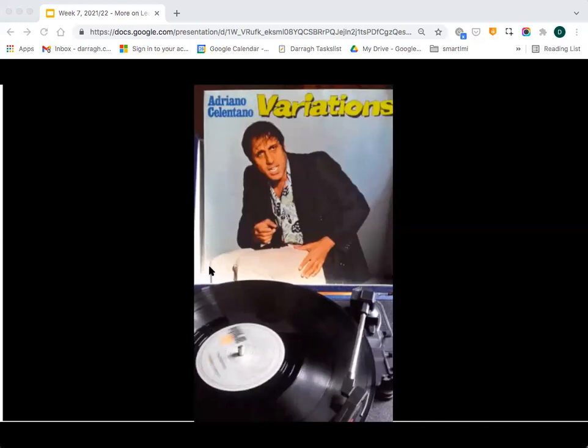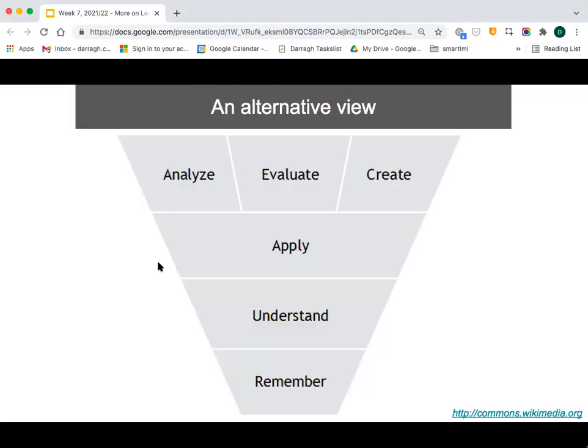And I suppose one other thing which emerges from Bloom's taxonomy nowadays as well is that there's a lot of remixes of it. So there's lots of different ways of articulating it, or describing it. So for example, this is an alternative viewpoint, and that makes less of a distinction between analyzing and evaluating and creating.